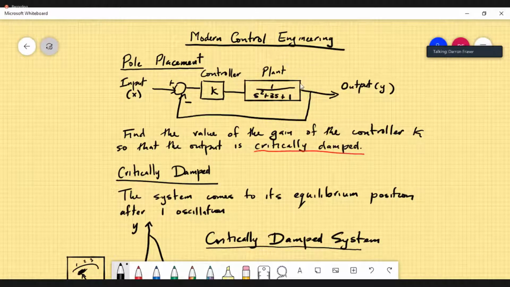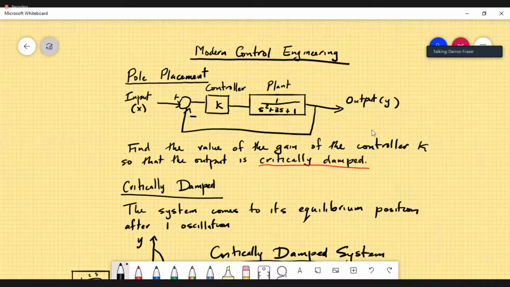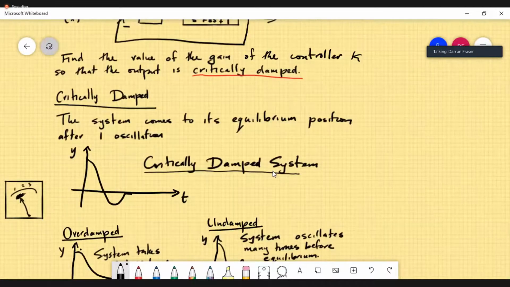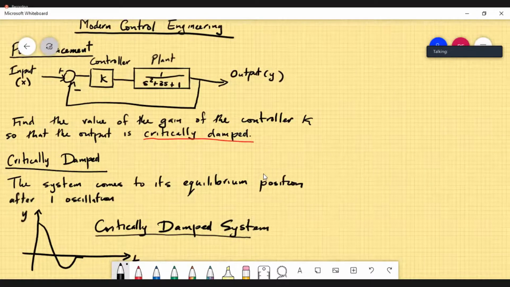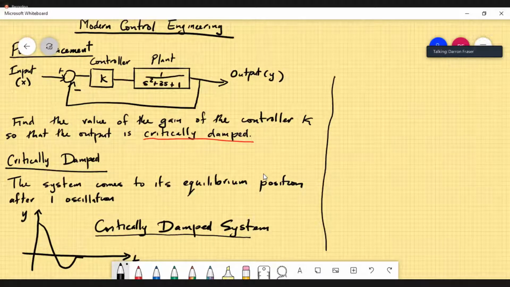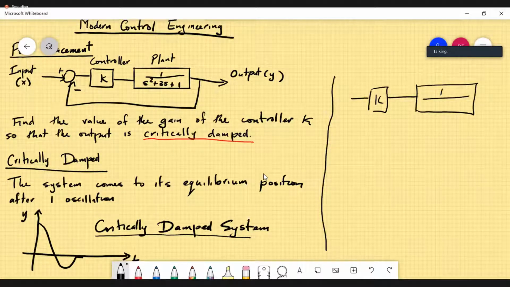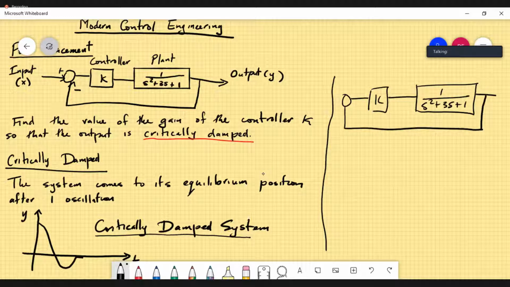So what we are going to do is let's go over here and look at the problem. So the transfer function of the system.